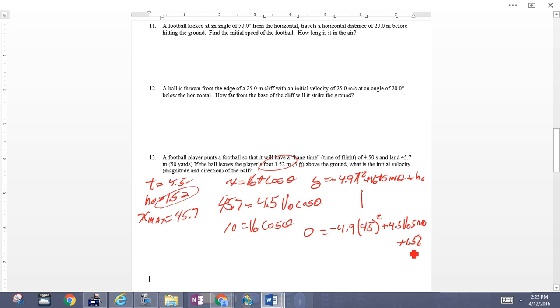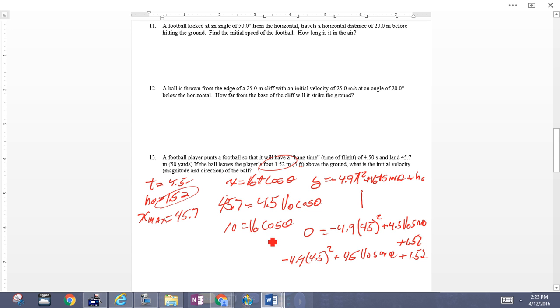So now, if we look at what remains in the y equation, the only thing unknown is V0 sine of theta. So I'm going to rewrite this: negative 4.9 times 4.5 squared, plus 4.5 V0 sine of theta, plus 1.52.